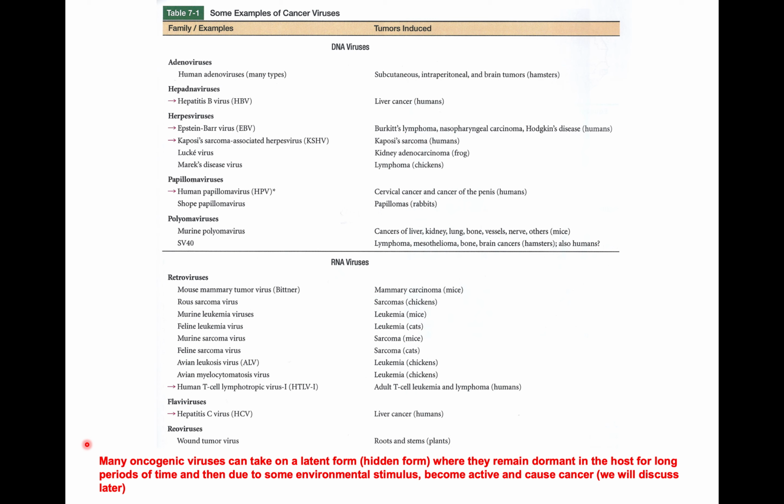And then due to some environmental stimulus, that may vary pretty widely depending on the virus, they can switch to a lytic infection, an active infection, where the virus is actively replicating and producing new viral particles. Typically you're going to need that kind of lytic infection in order for a virus to cause cancer. Usually the latent, hidden form is not going to be a cancer risk.